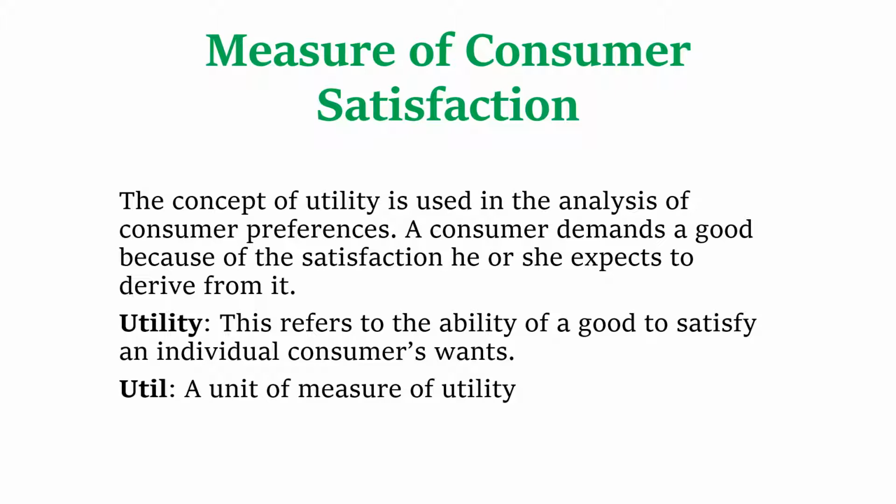One unit of measure of utility is referred to as a util. Let's say, for example, an individual decides to buy 1 unit of good X. If the total utility associated with 1 unit of good X is, let's say, 5, it means that the consumer derived 5 utils from the consumption of 1 unit of that particular good.